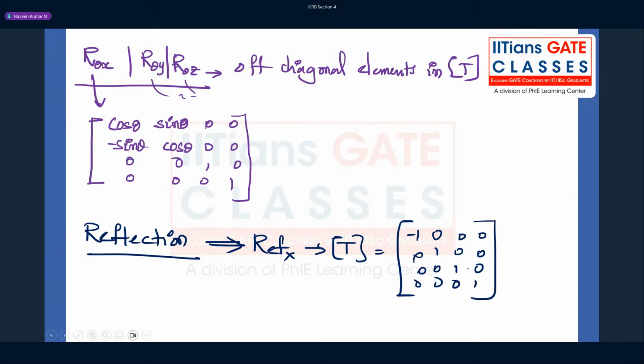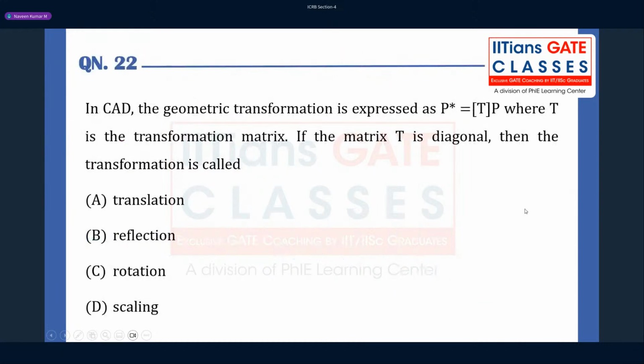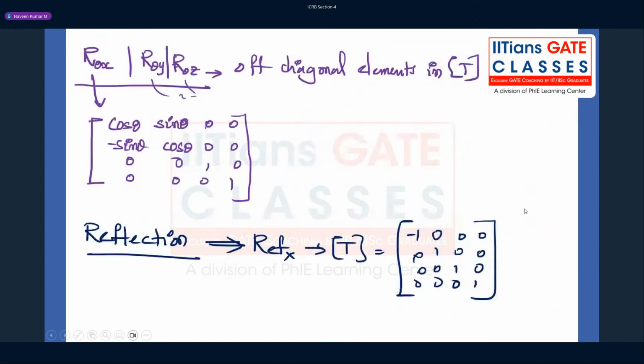These are having some diagonal elements, but the diagonal elements are not the same, right? Diagonal matrix means diagonal elements should be the same, right?